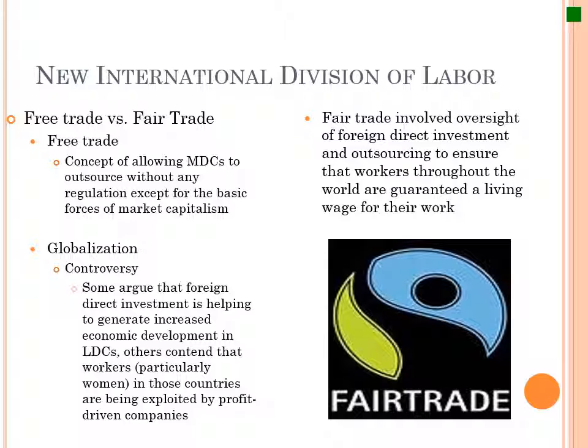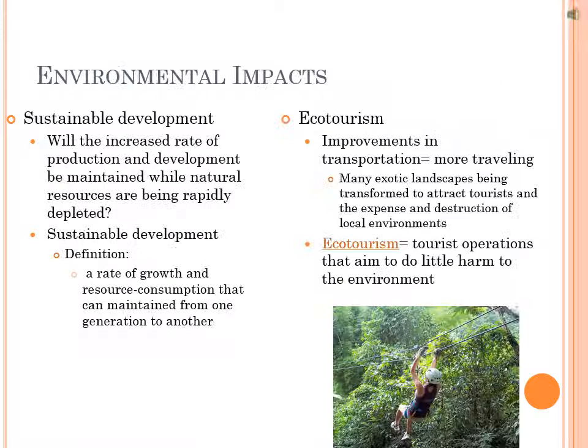And again, fair trade involves looking at oversight, taking into account that workers are getting a fair shake, that they're having a safe work environment, decent wages, things that we take for granted here, but it's also encouraging people to pay a higher price for that. So are people willing to do that? And that's a question that still remains to be answered.